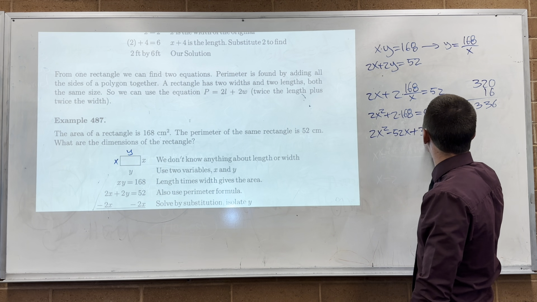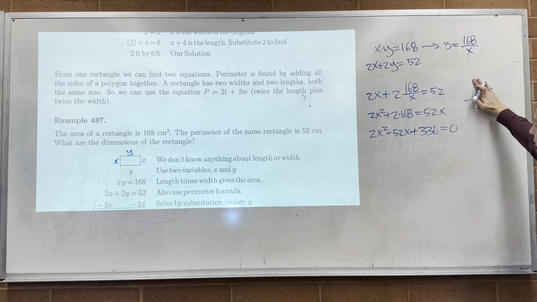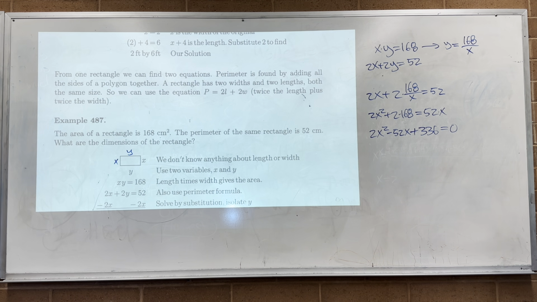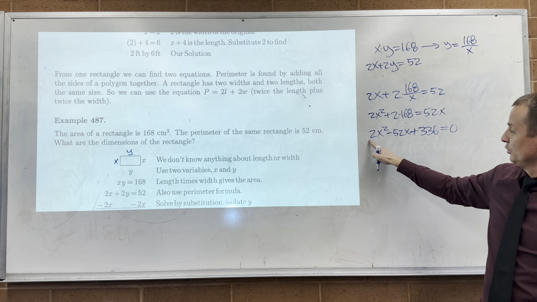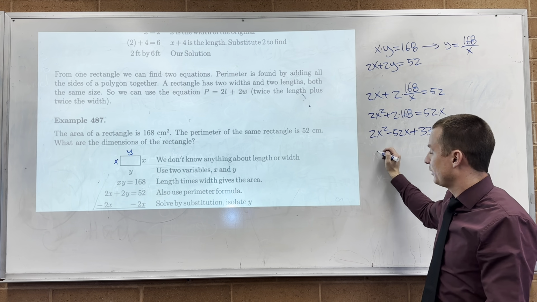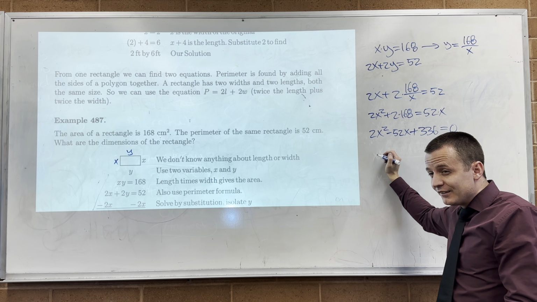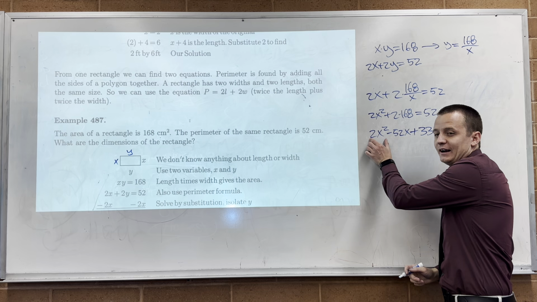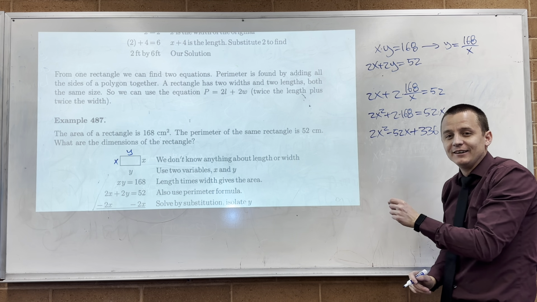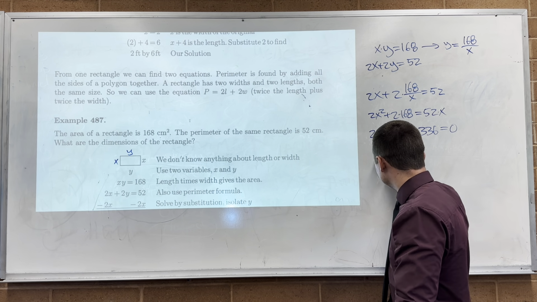336 is equal to 0. Okay, let's divide everything by 2, make our life a little bit easier. When I take 2x squared and divide it by 2, what am I left with? X squared. Yes.